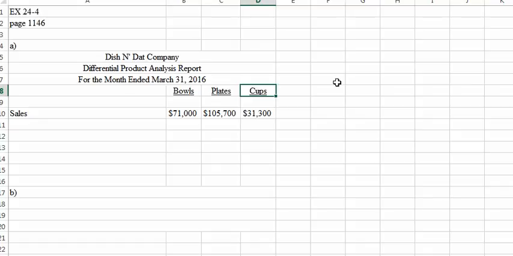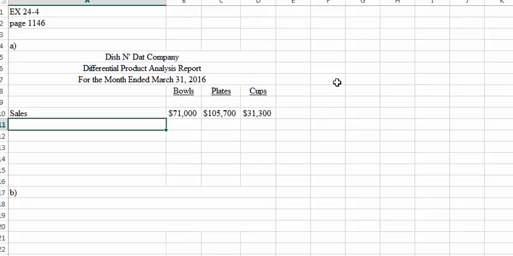So in making this decision, the only relevant costs are our variable costs. So on this row we'll say differential cost of annual sales.